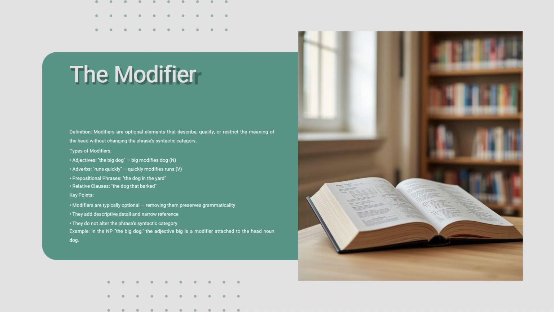Example: the big dog. Big modifies dog. She speaks slowly. Slowly modifies speaks. One important point is that modifiers are usually optional. For example, the dog barks, the big dog barks. Both sentences are grammatically correct, but modifiers give more detail.